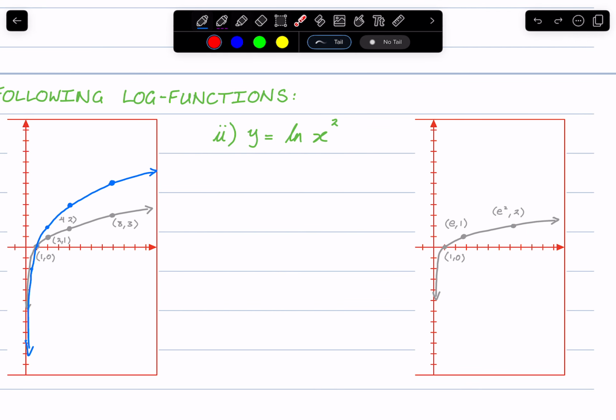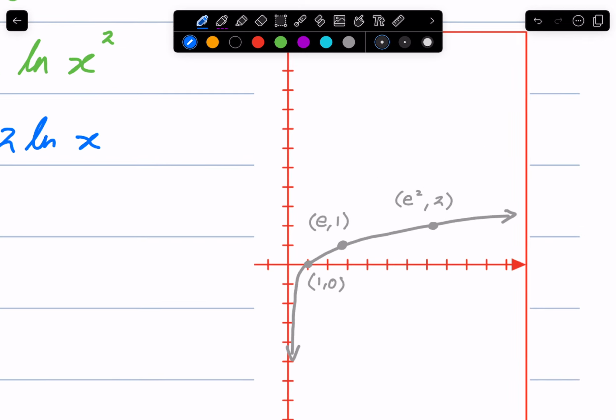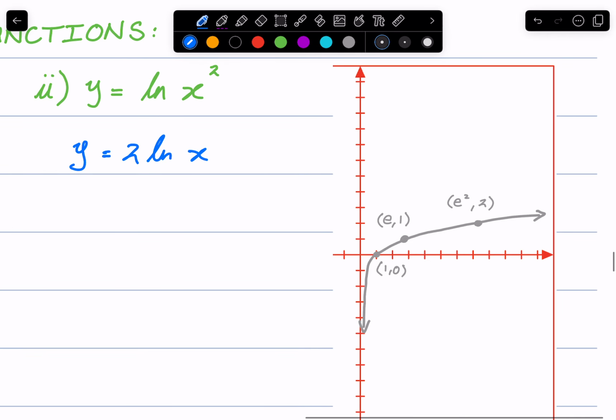So once again, because we're going to use log laws before we transform this, the 2, or whatever power it is really, moves to the front, and this becomes 2 ln of x. And so e, with an output of 1, is now going to become an output of 2.